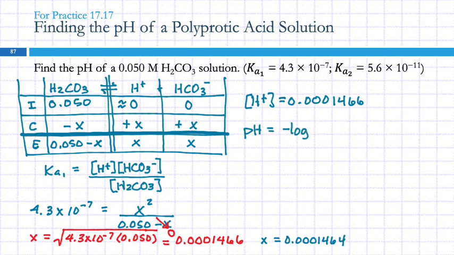Negative log of the hydrogen ion concentration. Negative log of that, and my calculator shows me 3.8339.